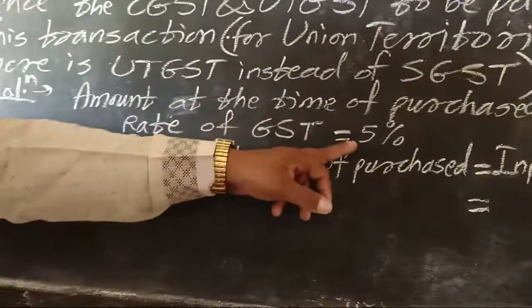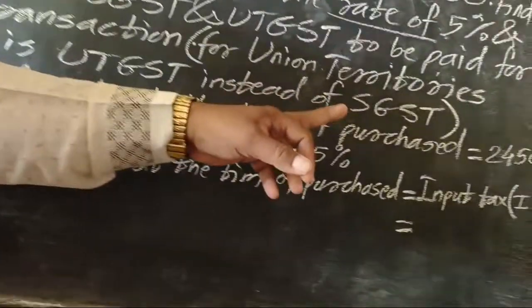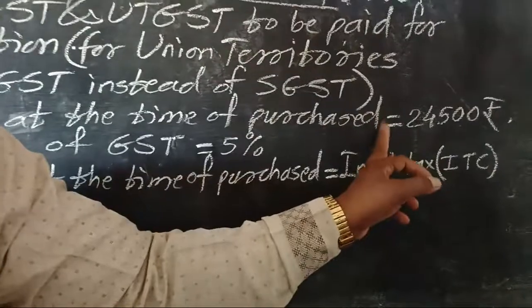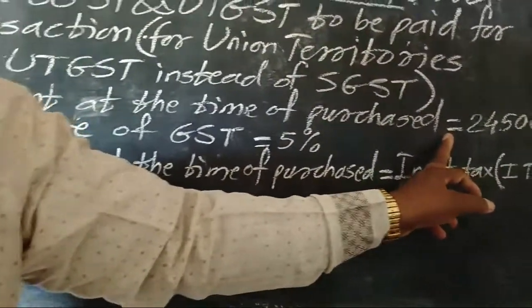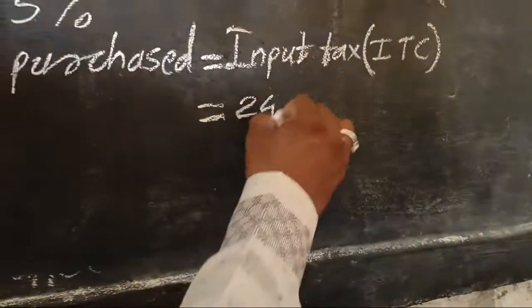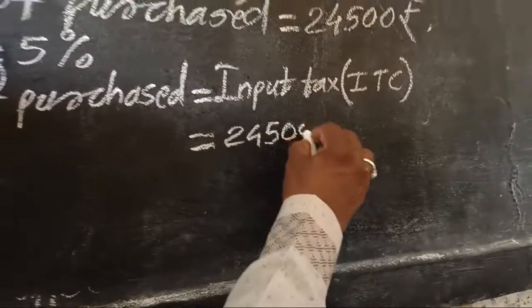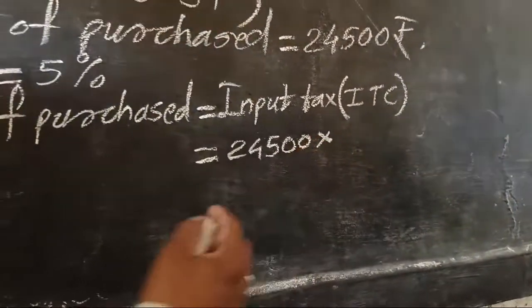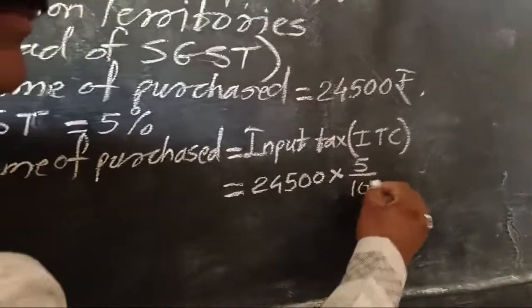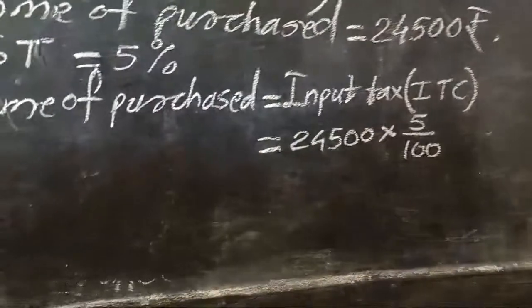rate is given and amount is given, and we find the actual GST on purchase. 24,500 into 5%. 5% means 5 upon 100. Good.